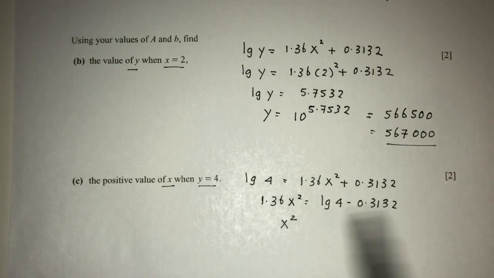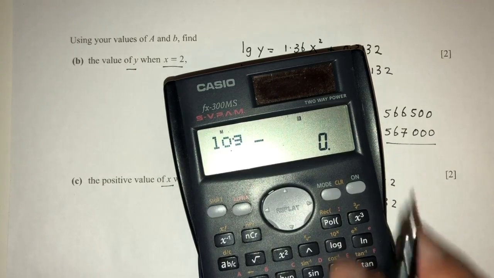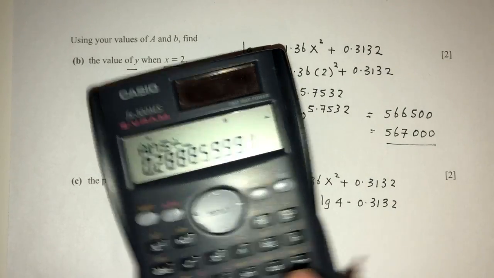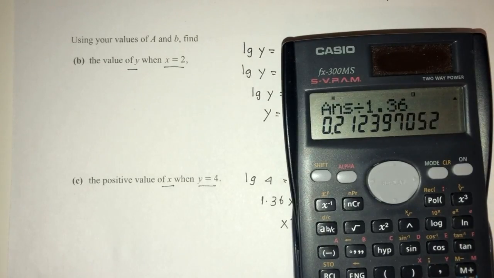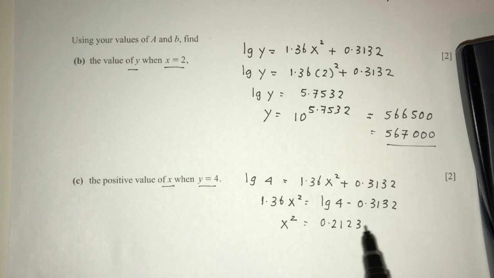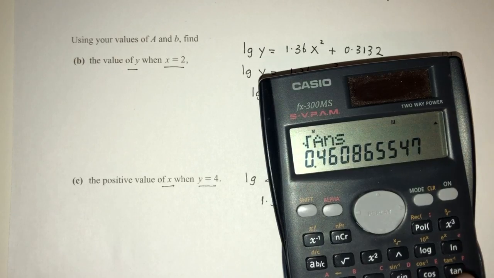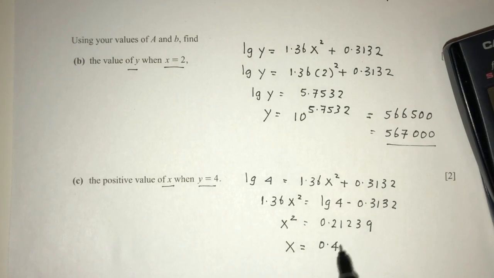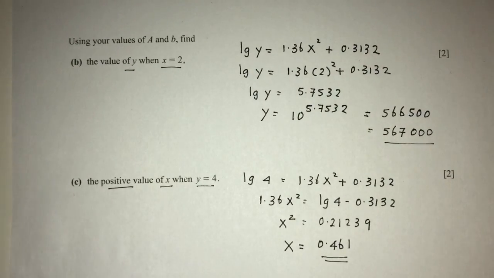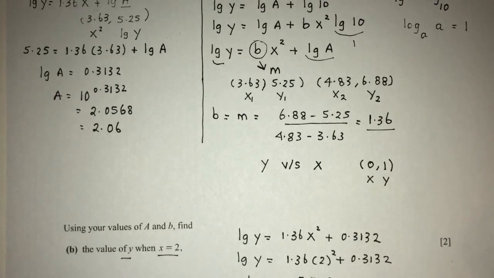So x squared will be what? Log of 4 minus 0.3132 divided by 1.36, that will give you this value, which is 0.21239. So x has to be square root of that value. That will be 0.461 as my value for x. Of course, the positive value for x as my answer for question number 6.